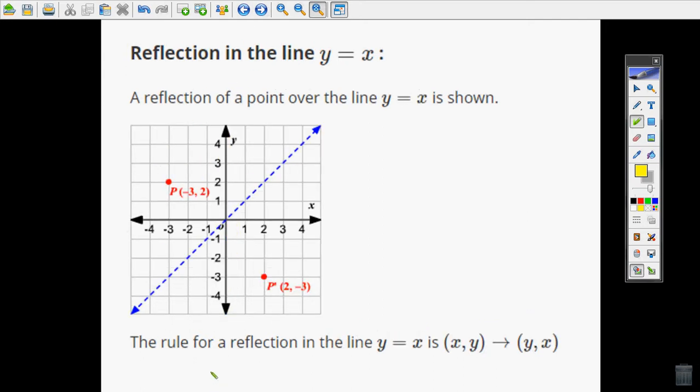All right, now we have reflection over the line y = x. This is the line y = x, and it may help you if I say y = 1x + 0. That's the same thing as y = x. So the tricky part here with y = x is that it's not as obvious.